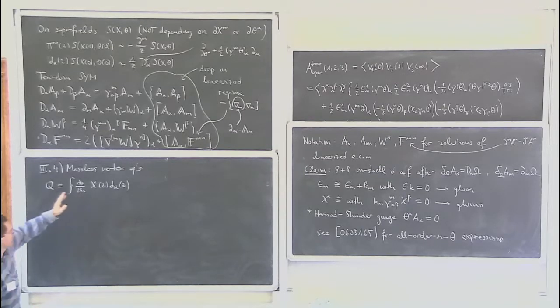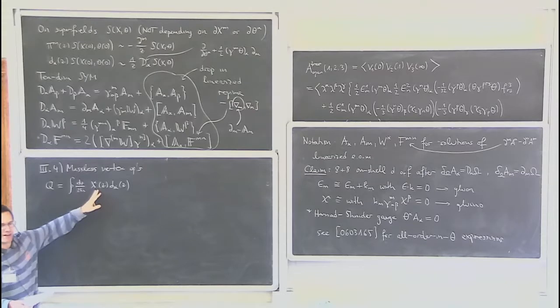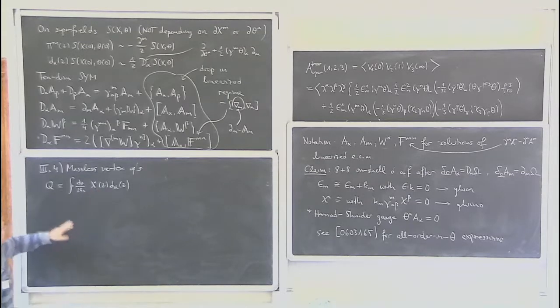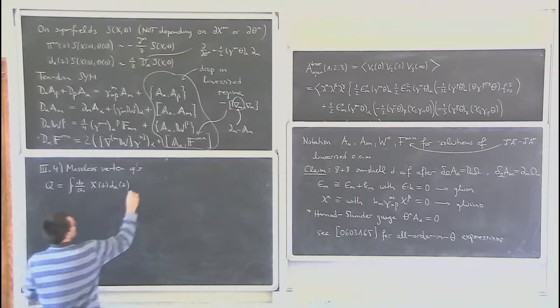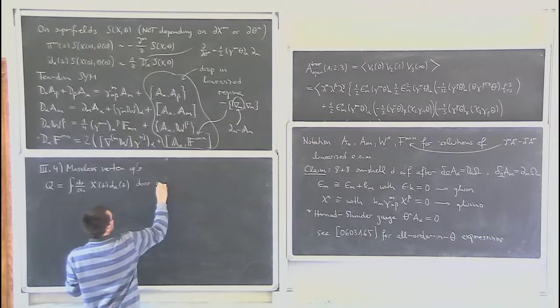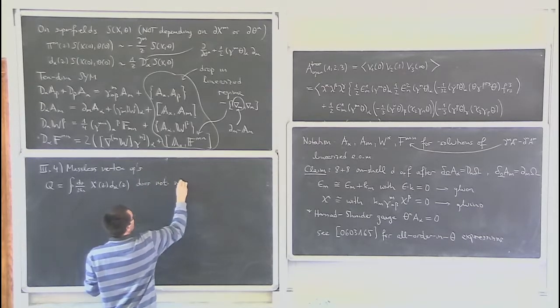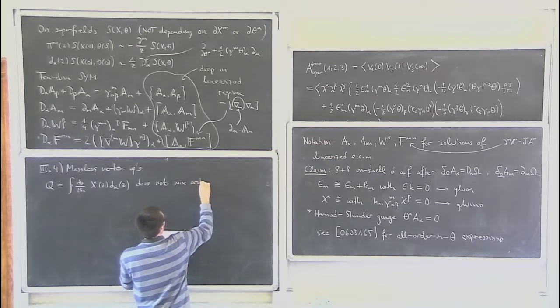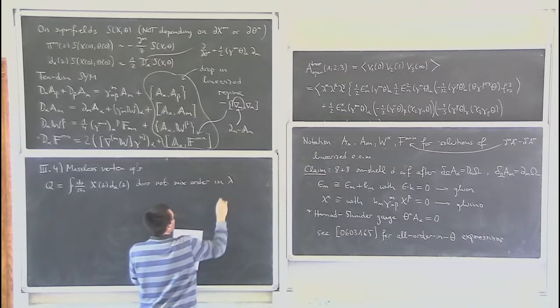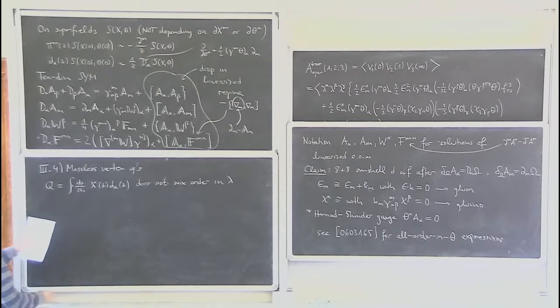And a first observation, which will simplify that task tremendously, is to notice it doesn't mix different orders in lambda. It's homogeneously linear in lambda. So there's a clear grading with respect to the ghost number, the number of lambdas.